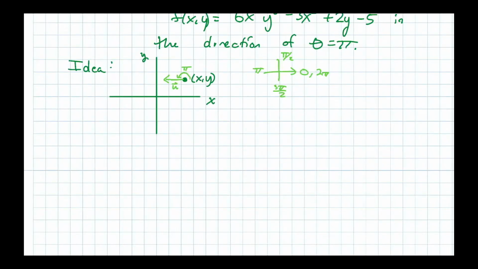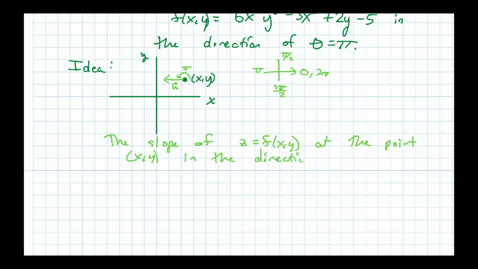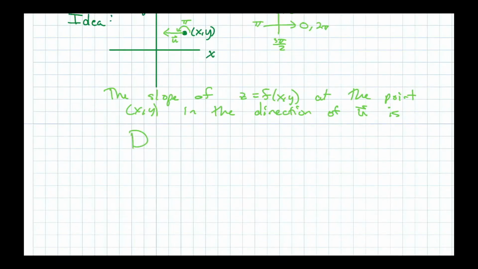So let me say that the slope of f of x, y, z equals f of x, y, at the point x, y in the direction of u is that directional derivative, D subscript u of f of x, y. Okay, I'm just writing that because we haven't done one of these before.